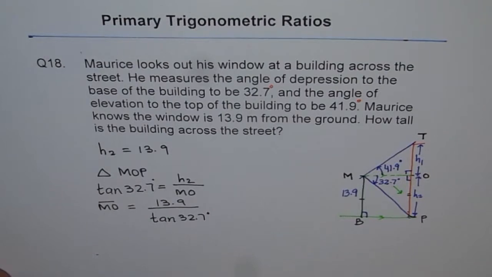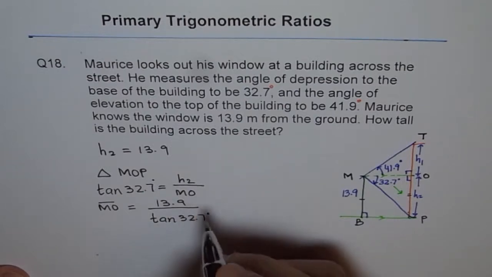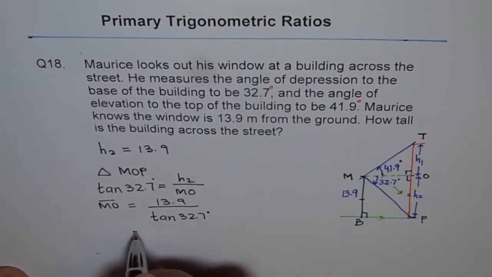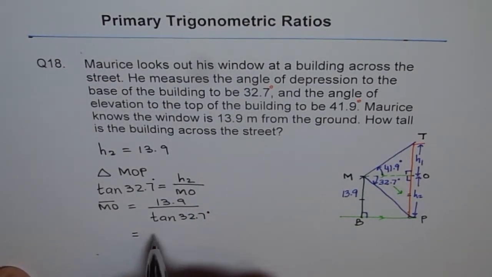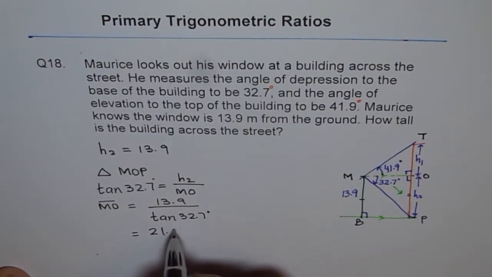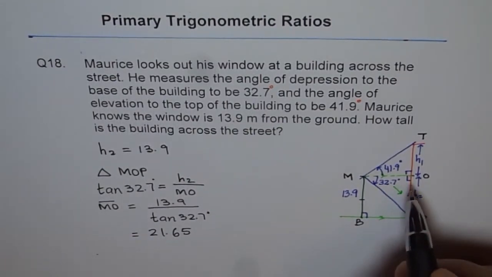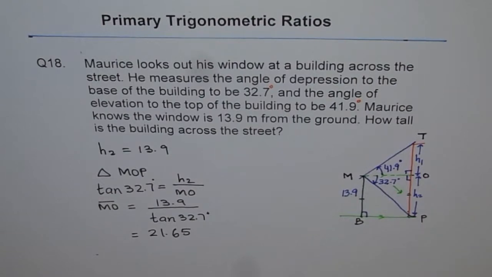We get 13.9 divided by tan of 32.7, which gives us 21.65. So this distance is 21.65, right?